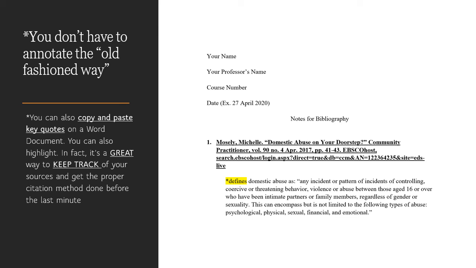Get the bibliographic information that you will ultimately be putting on your citations page or reference page. You could annotate by typing a paraphrase, and you can also include key quotes, direct quotes that you might want to use in your essay.